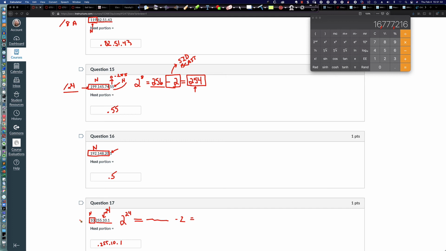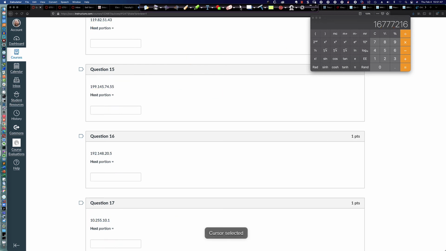Borrow from the host bits. Take the host bits away so there are fewer host bits and more network bits. And that's really what subnetting's all about. And it was all brought about to conserve IPv4 addresses.